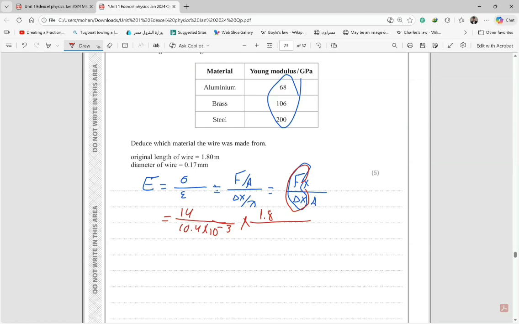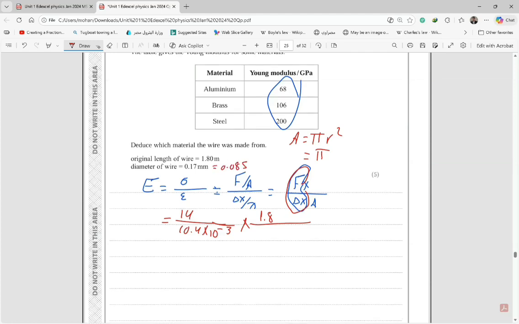The area equals pi r squared. r means half of this, which is 0.085 millimeters. So it is pi times 0.085 times 10 power negative 3, all squared.